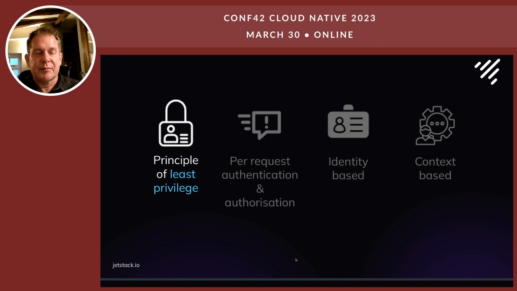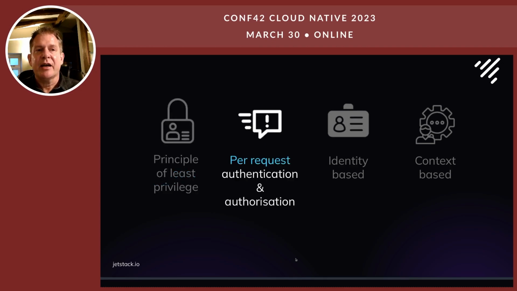Secondly, for each request that's made, you need to establish the identity of the requester and establish what permissions they have against that particular resource or API that they're trying to execute. And this has to be done on a per request basis.